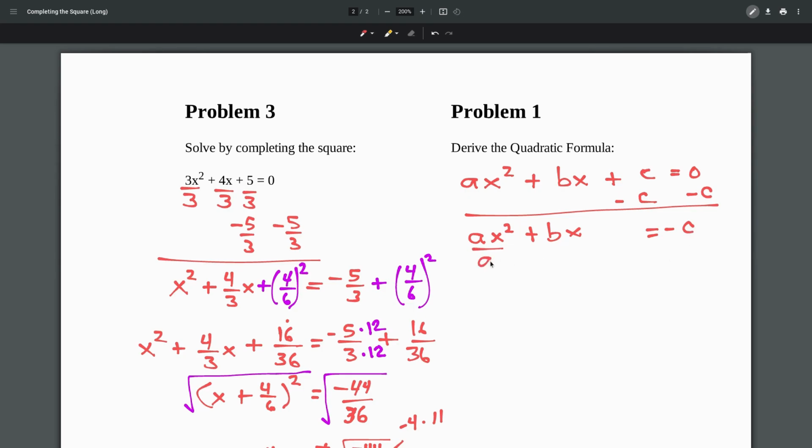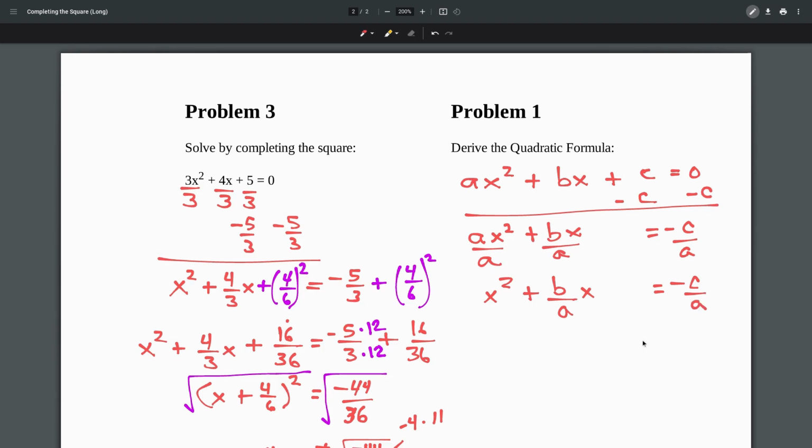We'll divide everything by a. So now we get x squared plus b over a x equals negative c over a.